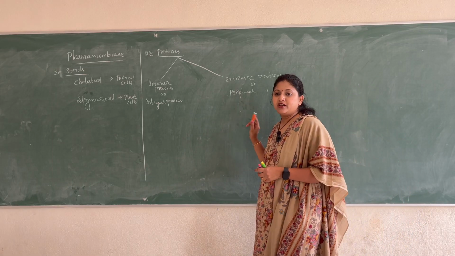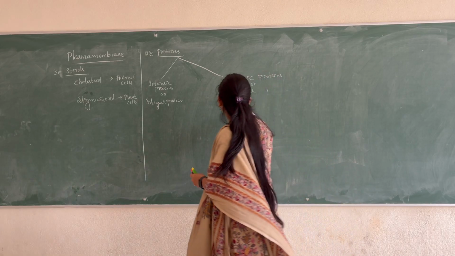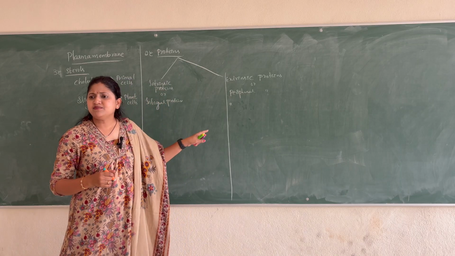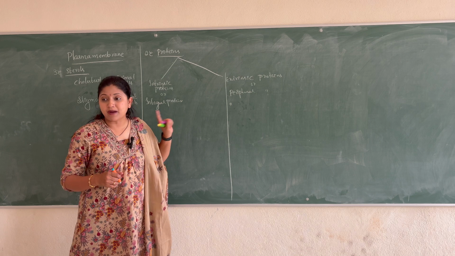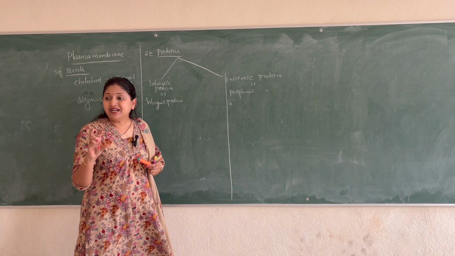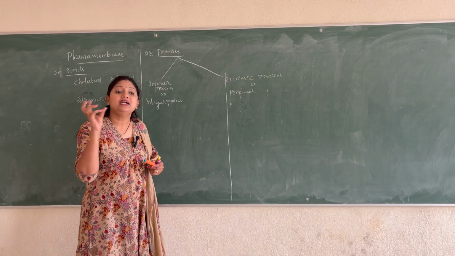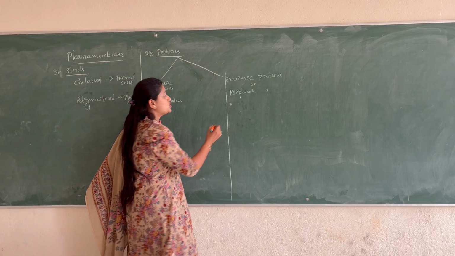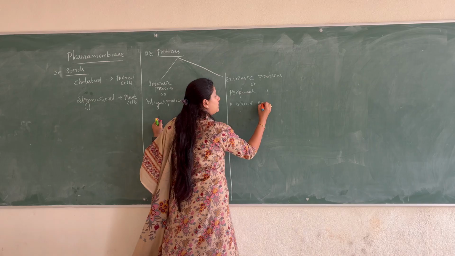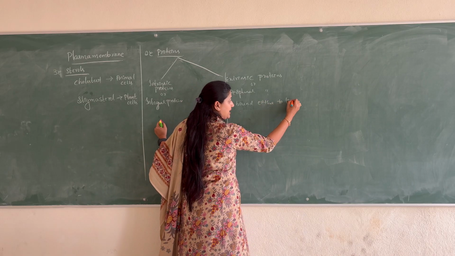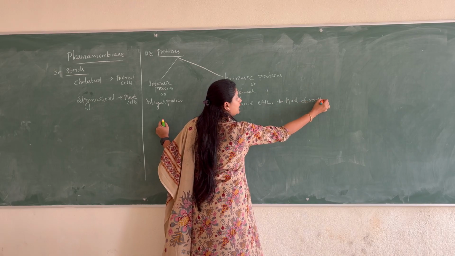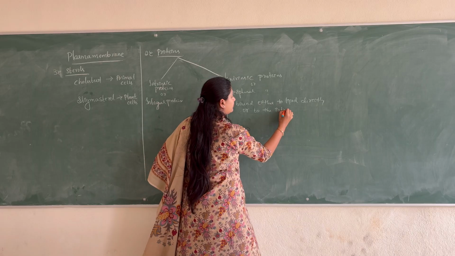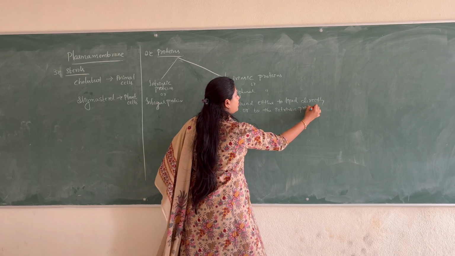When it comes to peripheral proteins, as the name suggests, they are present outside, loosely bound to the lipid layer directly, or they are bound to the transmembrane proteins, that is, to the integral or intrinsic proteins.